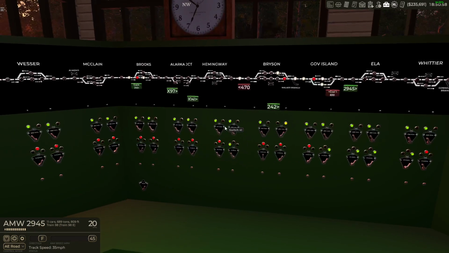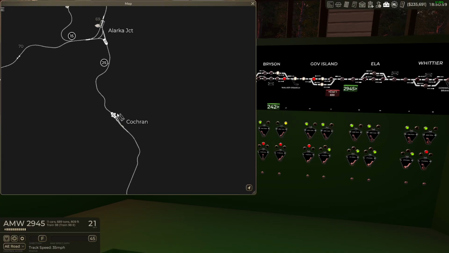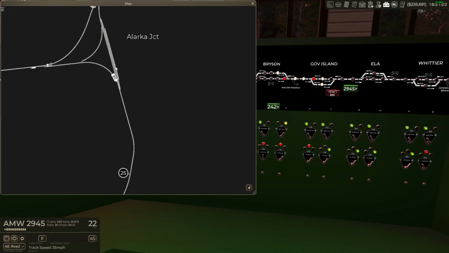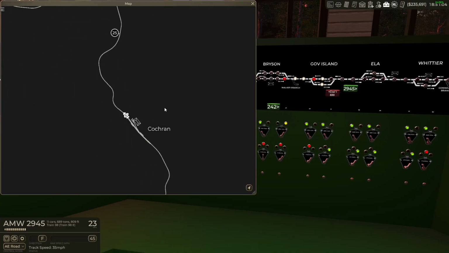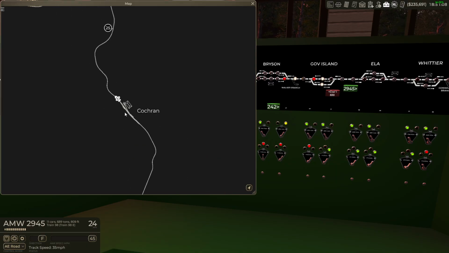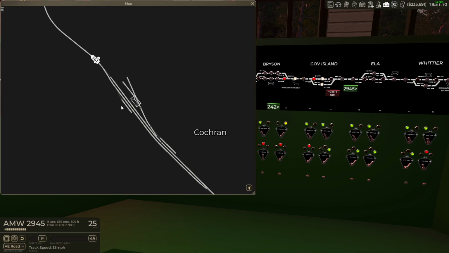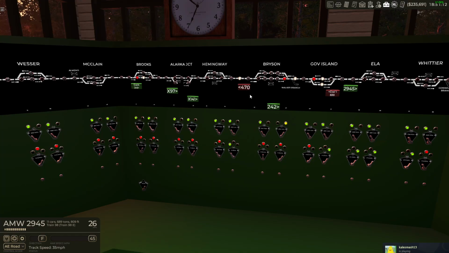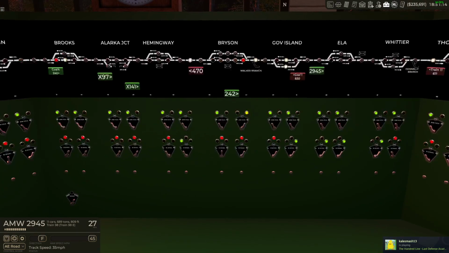If no one else is really going to use it, if you don't anticipate a meet at Cochrane, then we should be good. But if you do, then we're kind of out of luck. Because even if I spot it in the siding but leave the switch open, and then you keep a record of the switch being open, which is what we have to do in dark territory, it's still in the way, and it'll still be foul. So that doesn't help with meets.